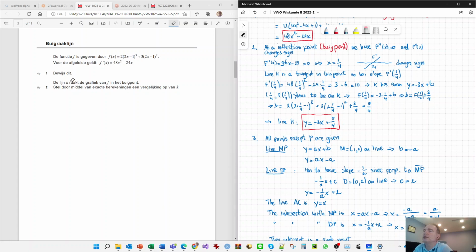So whatever this line k is, it has the slope... no, sorry, it's at x is equal to 1/4, and to find the slope we need to evaluate the derivative at 1/4, so that means substituting 1/4 in the expression of the derivative here.